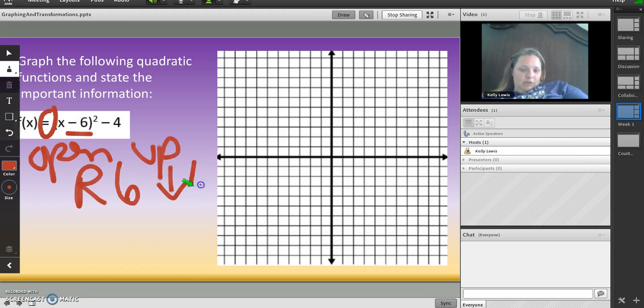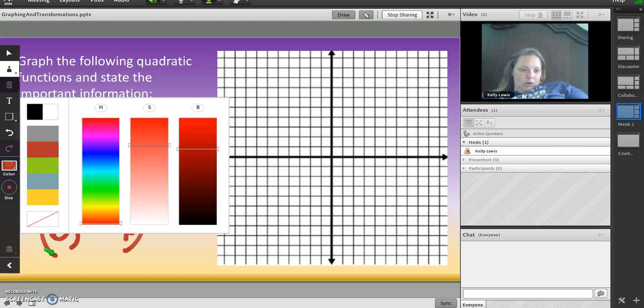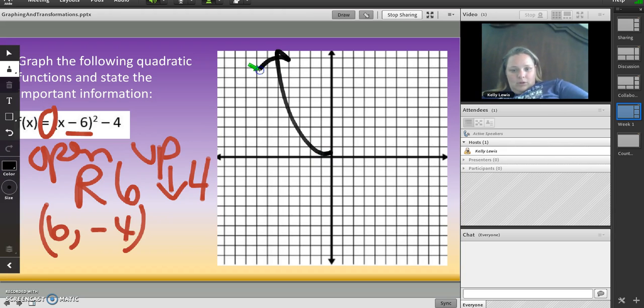And we're going to go down 4. Our vertex is opposite, so it's going to be 6 comma negative 4. Our normal looks like a big old U. That's the parent function, but really we're going to transform it. So we're going to go right 6, 1, 2, 3, 4, 5, 6, and then down 4, 2, 4, and we're going to open up.